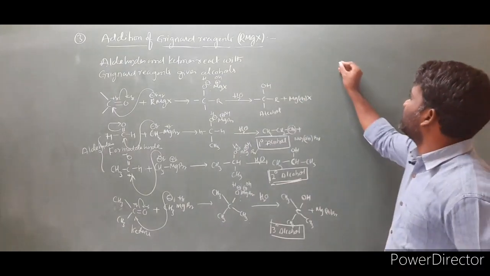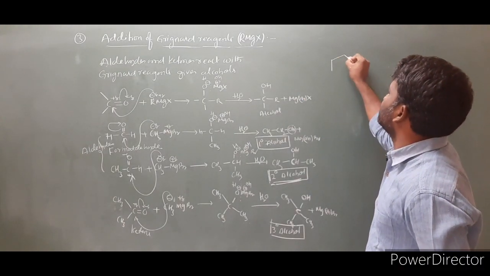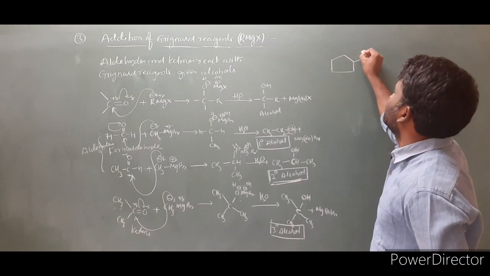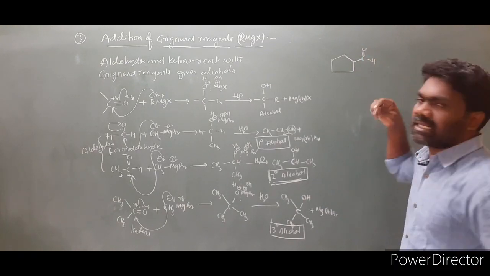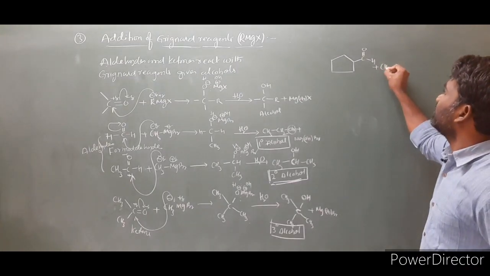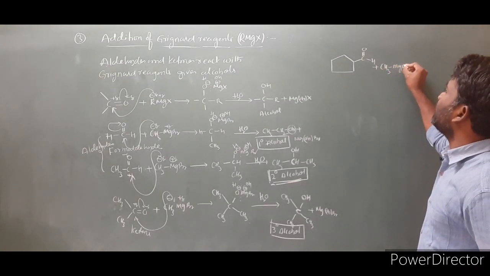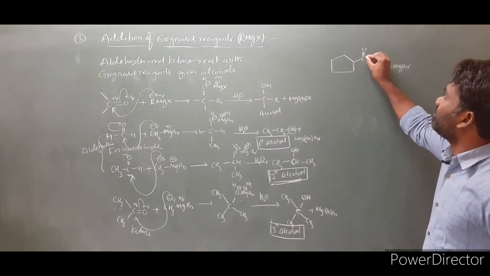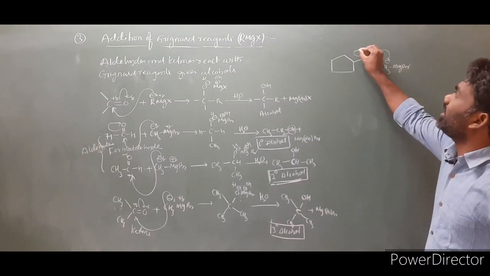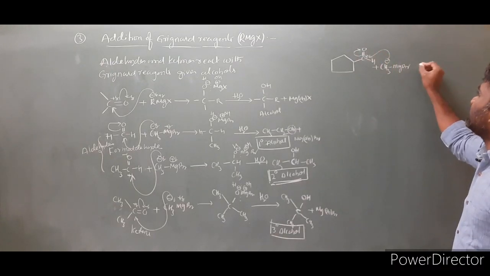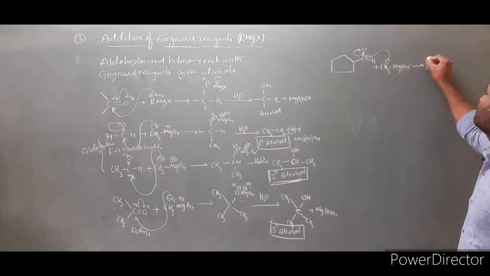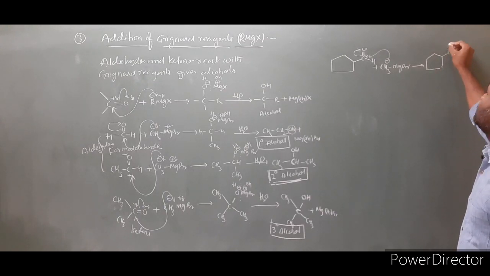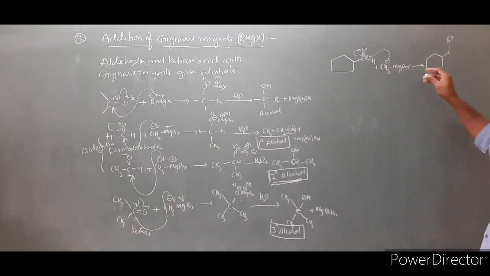Now we can take some cyclic compounds. I am taking a cyclic compound like this, C double bond O. This is the cyclic compound I took. This one I am treating with CH3MgBr. Then this is the negative charge, this is the partially positive charge. It attacks upon this, and this will be polarized to here. Then the product is C, this will be O minus, and we get MgBr with positive charge, isn't it?